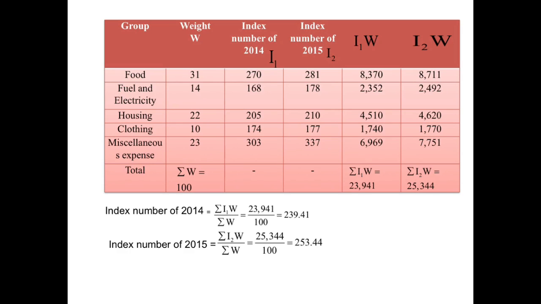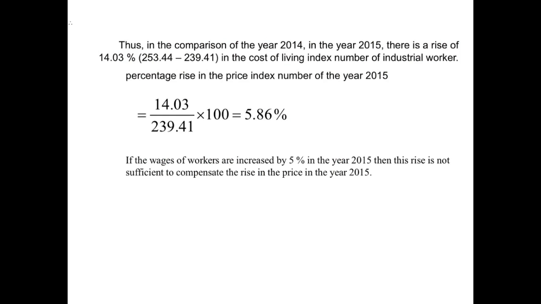So in that case, index number of 2014 is 239.41 and index number of 2015 is 253.44. So compared to 2014, in the year 2015 there is a rise of 14.03% in the cost of living index of an industrial worker.